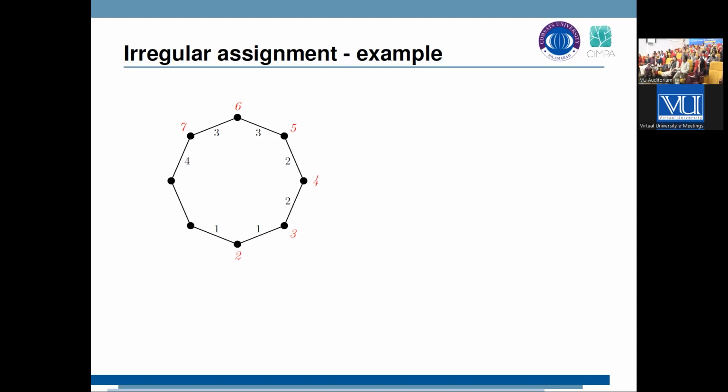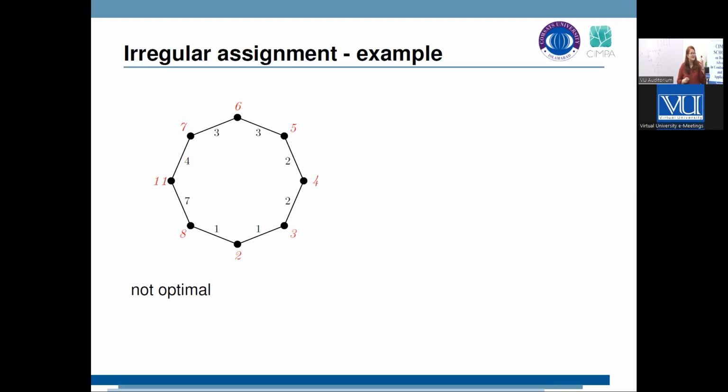Yeah, when we give here label 7, then we get the situation that all vertices have distinct weights. Okay, but you can see it's not optimal.